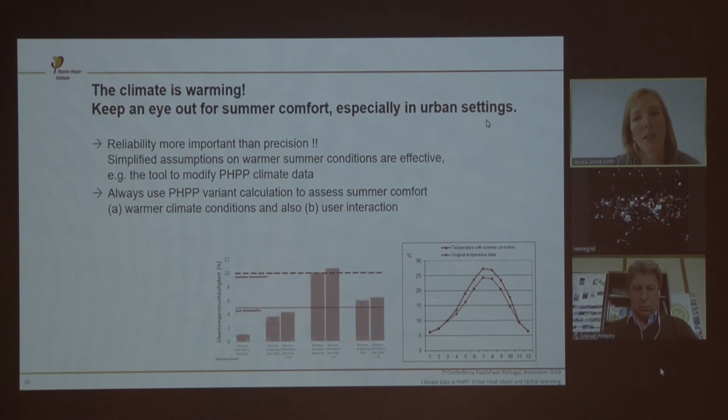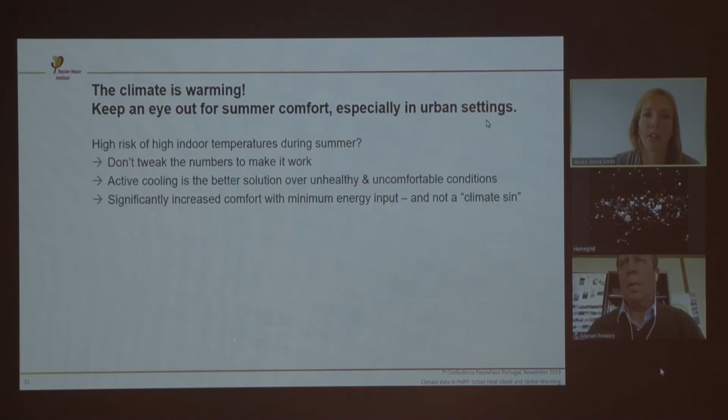Conditions, but also to assess the impact of user interaction in terms of night ventilation and shading. The second point I want to mention is if you model your building and you identify that there is a high risk of high indoor temperatures during summer, don't tweak the numbers to make it work.